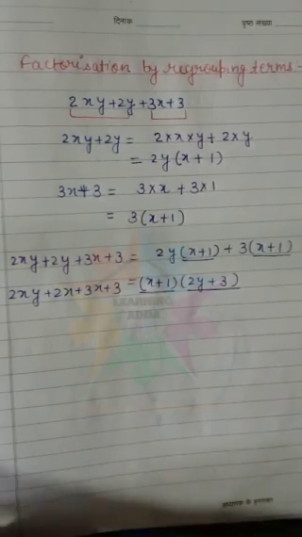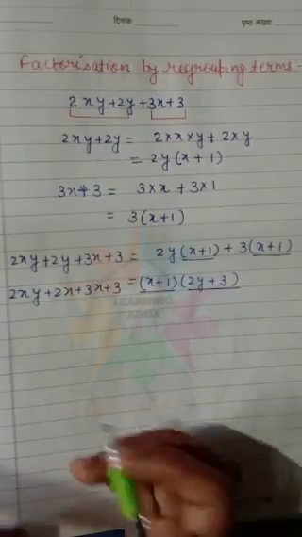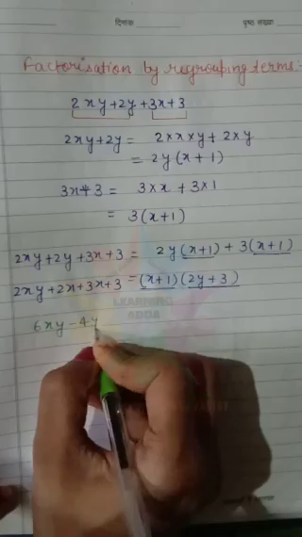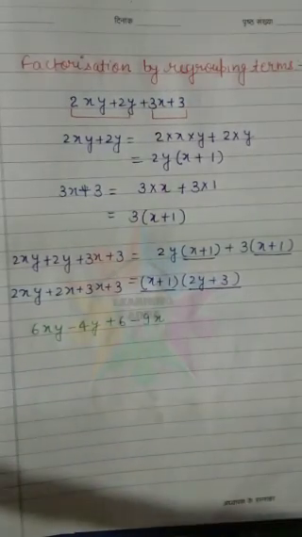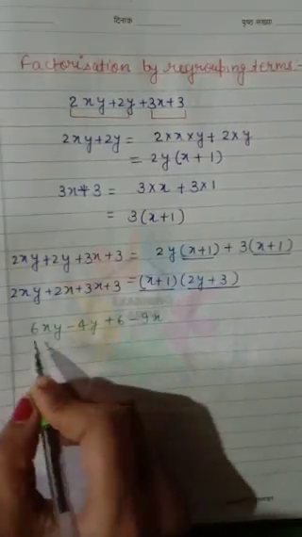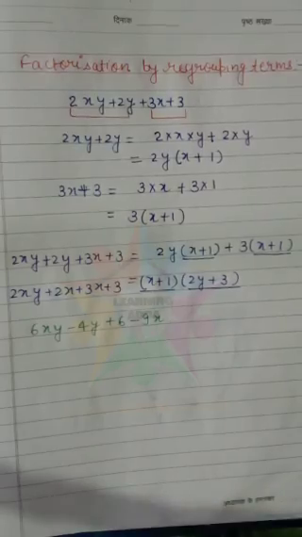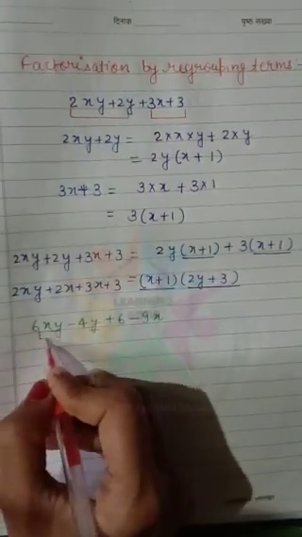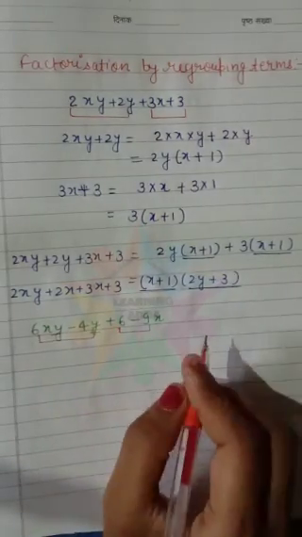Let the algebraic expression be 6xy minus 4y plus 6 minus 9x. Check it, there is no common factor among all the terms. Here we see that y is common in the first two terms, and 3 is common in the last two terms.